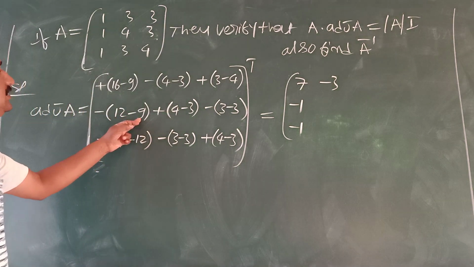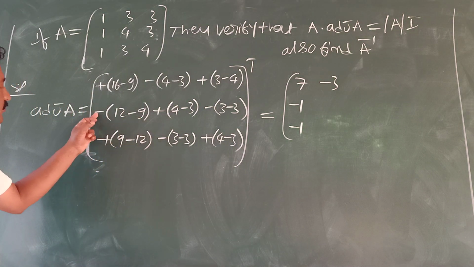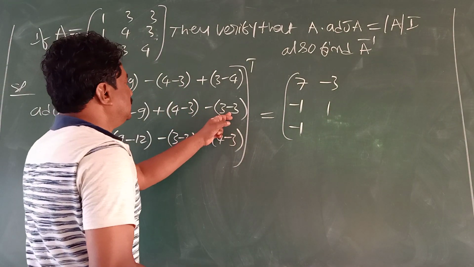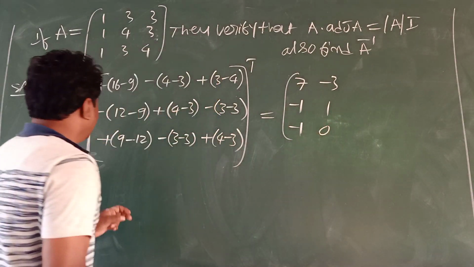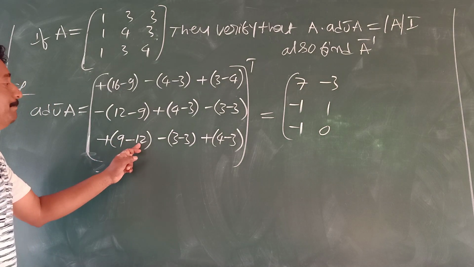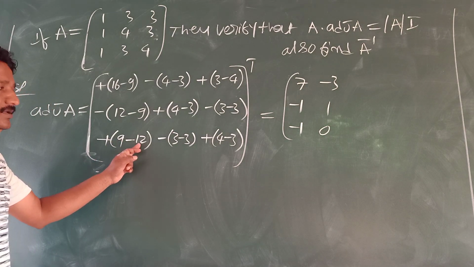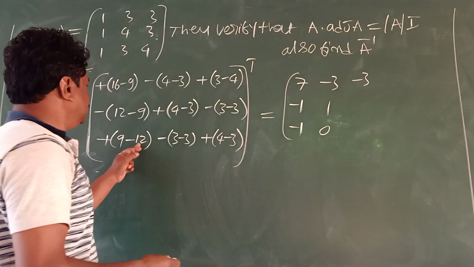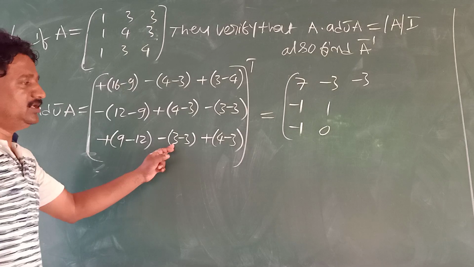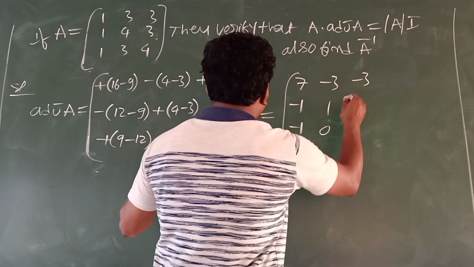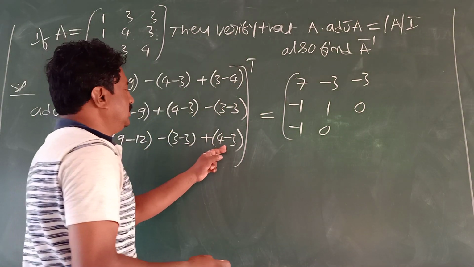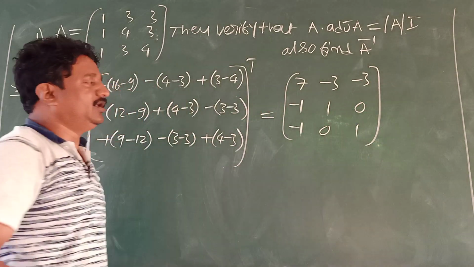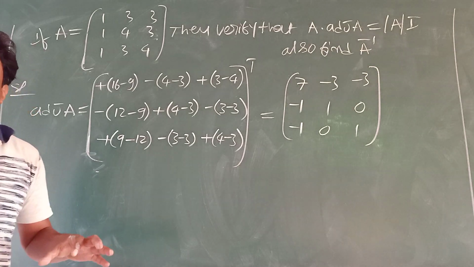Then 4 minus 3 is 1, 3 minus 3 is 0, 9 minus 12 is minus 3, minus 3, 0, 1. So we found adjoint A.